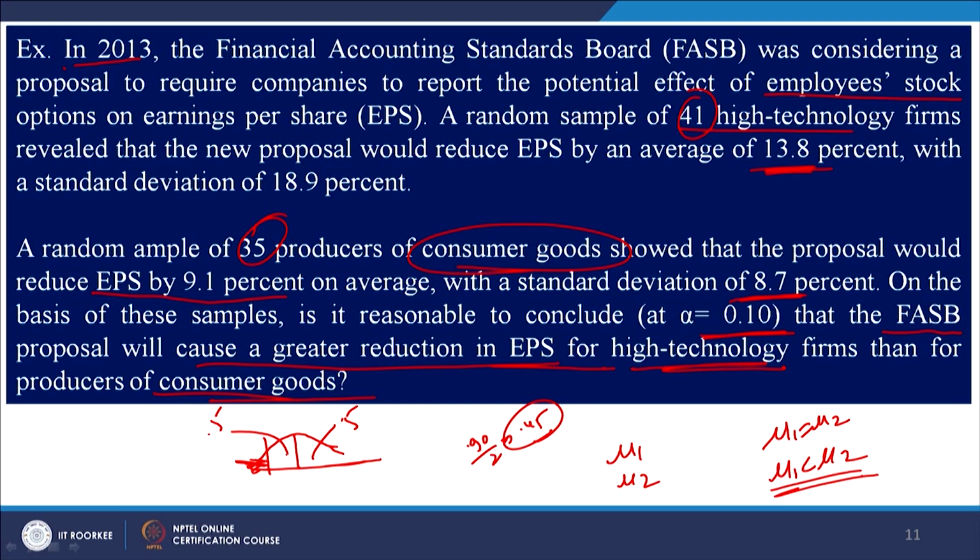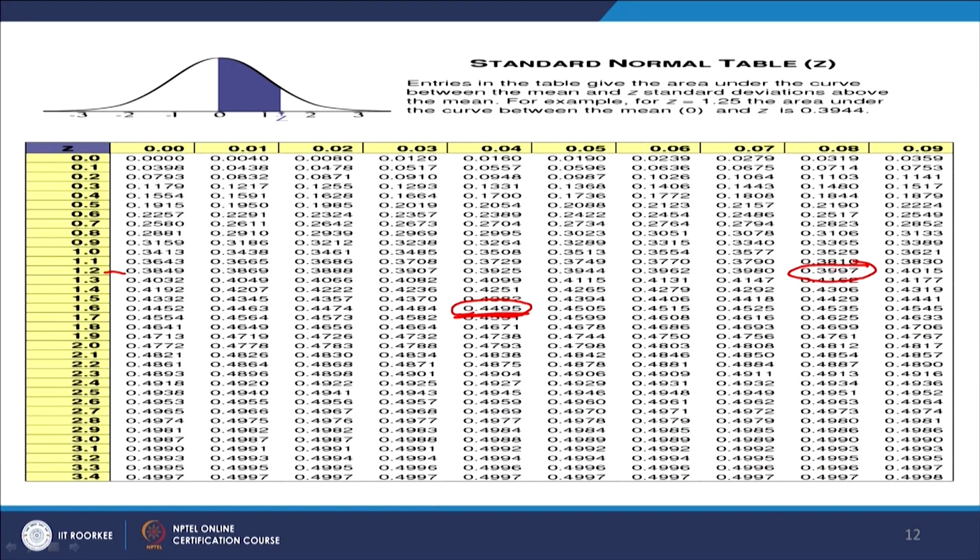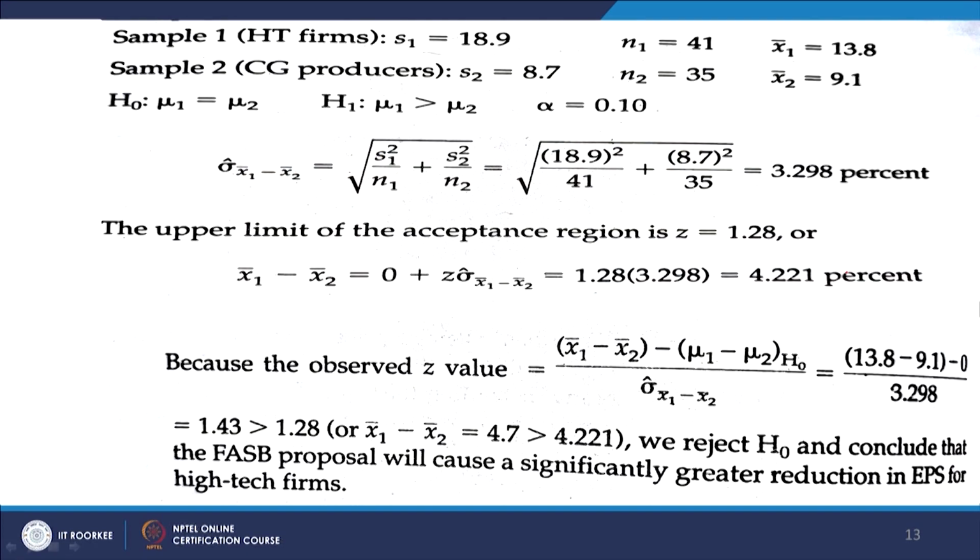So, 0.5 minus 0.1 becomes 0.40. So, look at 0.40 probability in this table, which is here, it is 1.28. So, the first part will remain the same, this is the difference in standard error.